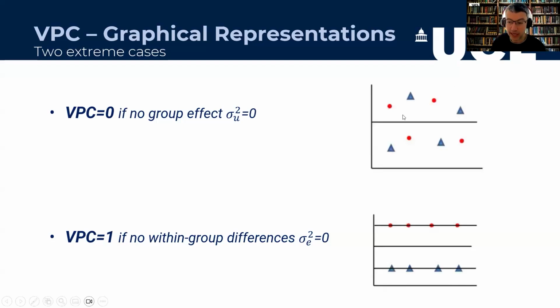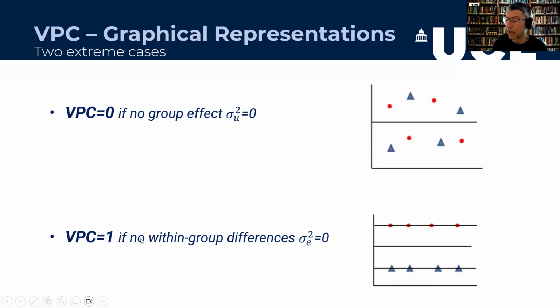And if this was the case, this is a very extreme case, I have to say, but if this was the case, then we might not even consider multi-level models. So if we have a VPC or an ICC equal to 0, then that's the only time when you're allowed to use a simple linear regression model, or by simple, I mean the standard that doesn't account for country level structure, because you will get exactly the same results.